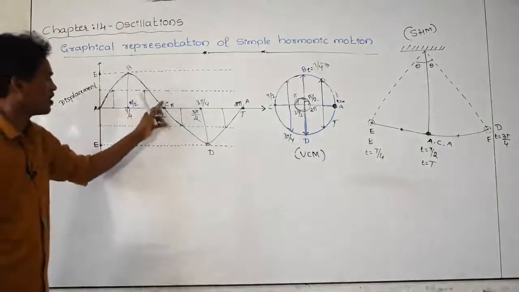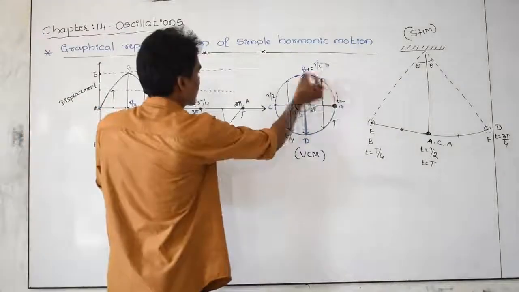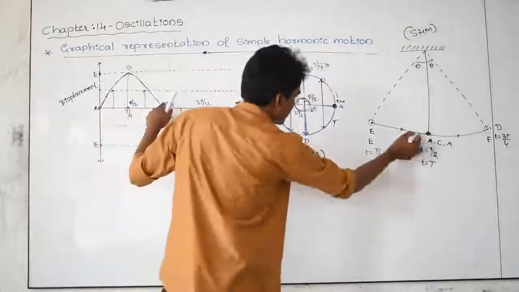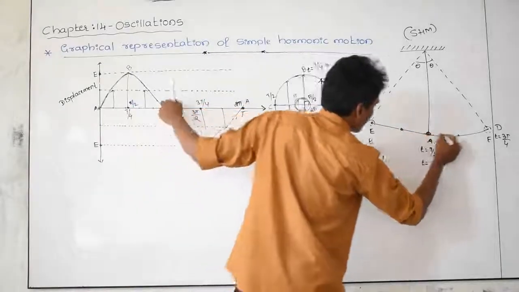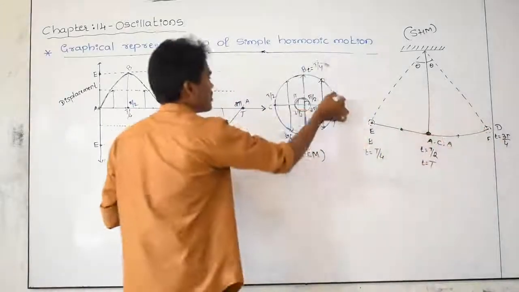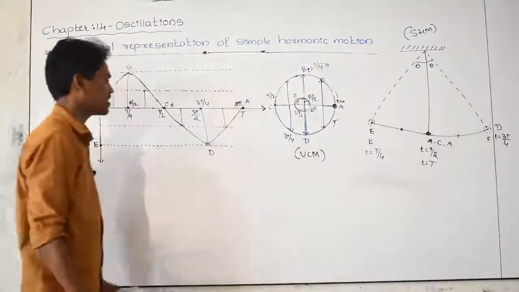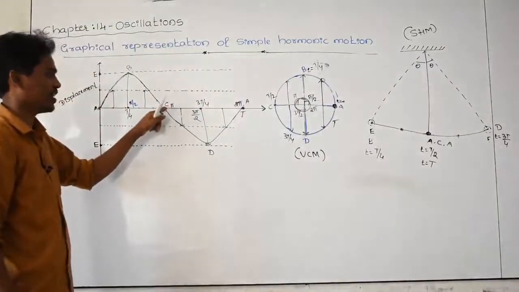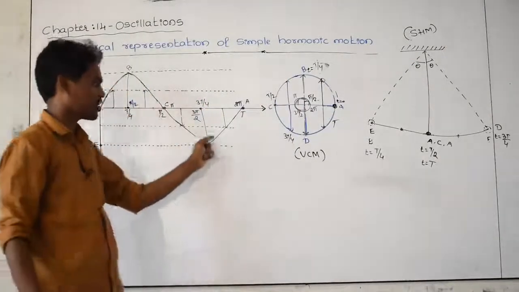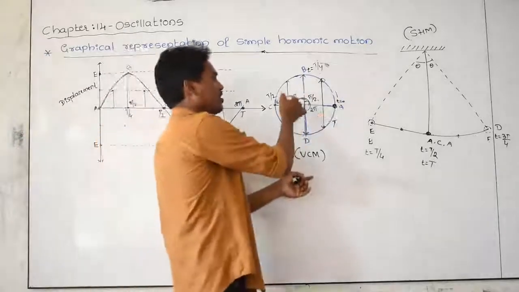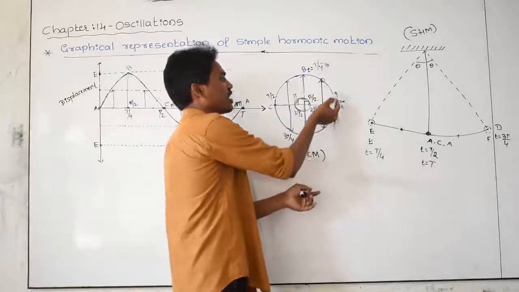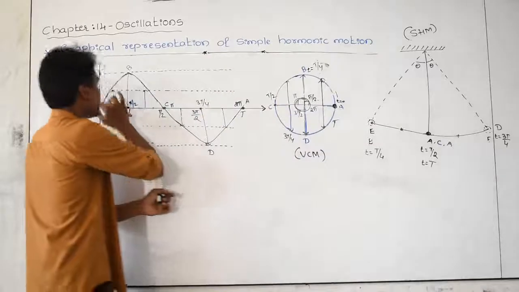For half cycle, this is half cycle, this is another half cycle. What is the angle? Pi, means 180.